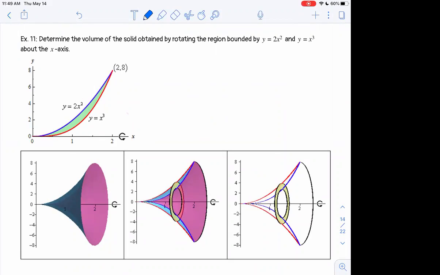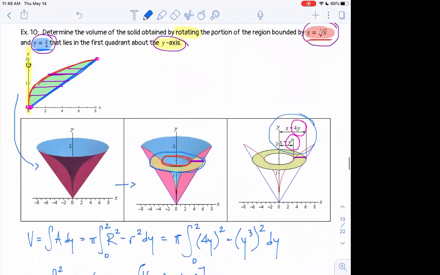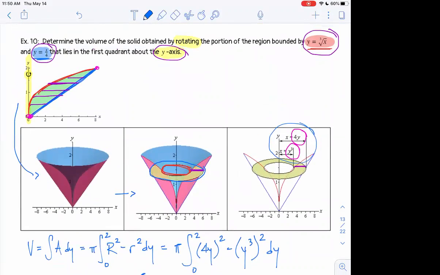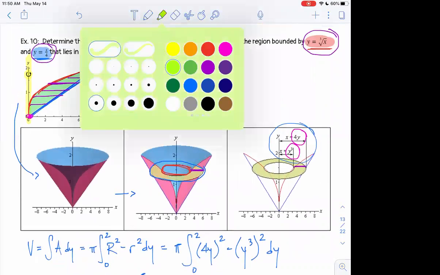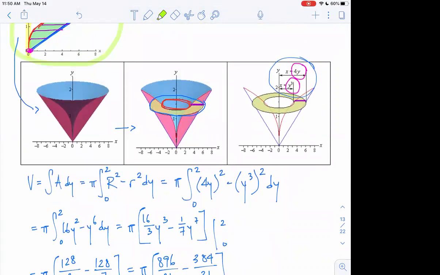Okay, so just to show you what I mean from example 10, I'm looking for some sort of addition to the diagram, so more than just the picture that you're given. And I'm looking for up to this step right here. Okay, so the setup.